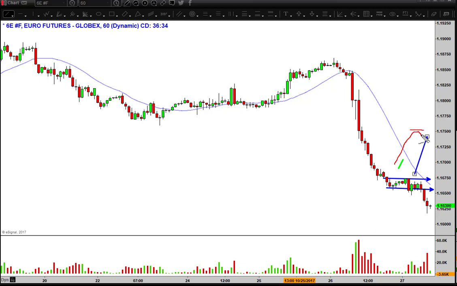But I wouldn't do that because of the size of this void. I would wait for it to retest that pattern and create a larger area of resistance and then enter, because this is where I could put a stop loss.